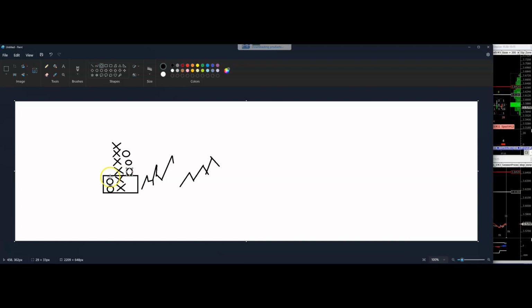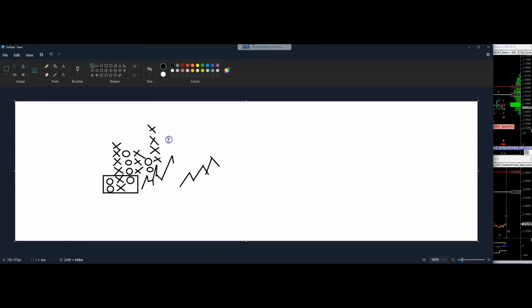Sometimes it will test above the high, sometimes it will get into the high at the same level, and then sometimes it'll go here, then might do a little bit of this, and then the next rally.